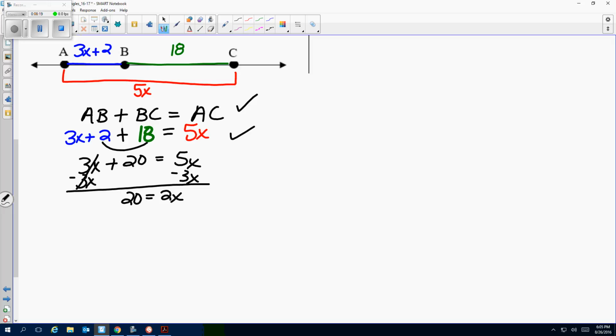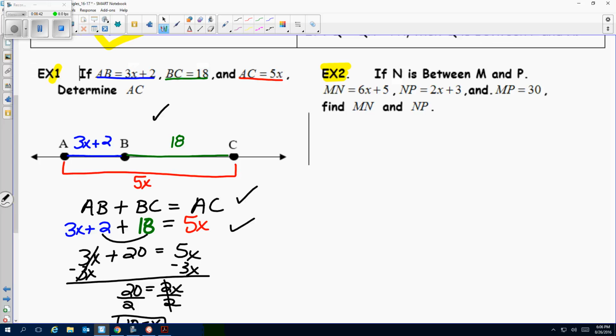To solve for x, because that's 2 times x, I have to do the inverse, which is dividing by 2, because the inverse of multiplication is division. The 2s cancel out. 20 divided by 2 is 10, so x equals 10. Once we have solved for x, we need to make sure we are answering the question. Sometimes you might need to circle that, because this says right here, determine AC.